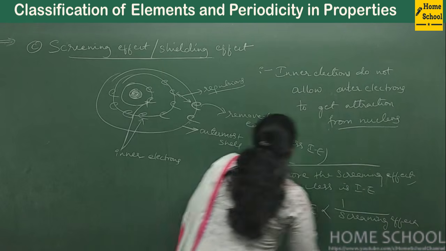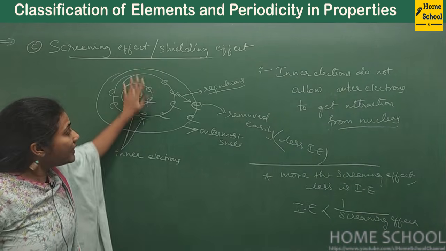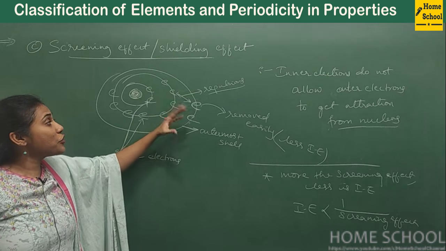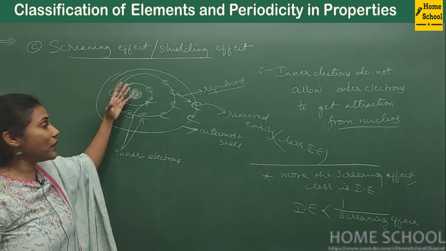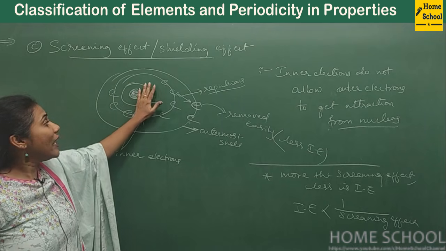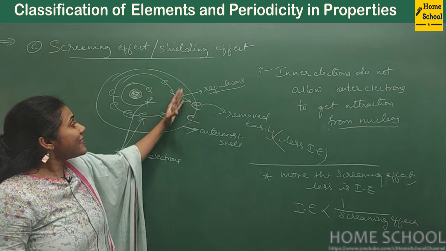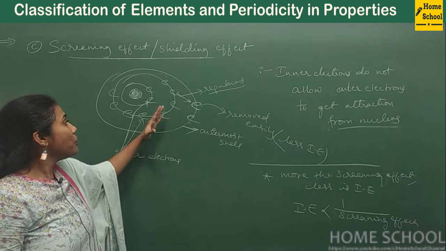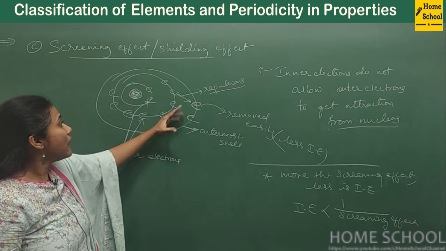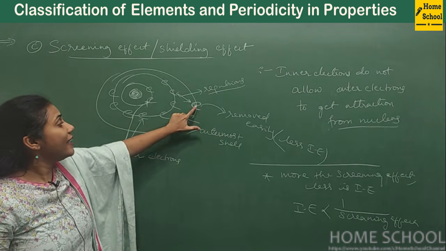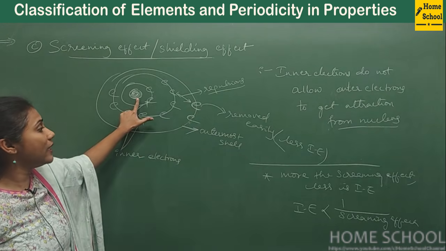So when you have more and more inner electrons, the outermost electrons do not get much attraction from nucleus, right? They screen more, they act as a strong barrier, right? So more the inner electrons, more is the repulsion, and lesser is the attraction between outer electrons and nucleus.